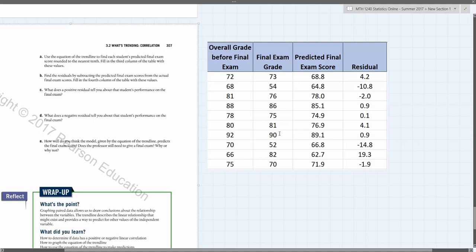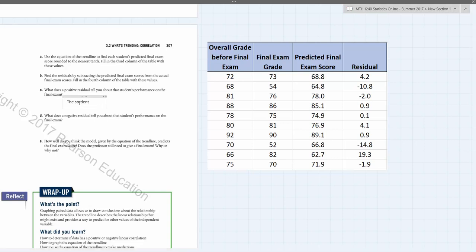In other words, all the positive residuals mean that the student actually scored higher on the final exam than we predicted using their grade before the final exam. So for part C, as simply as we can, we could say the student performed better than expected.